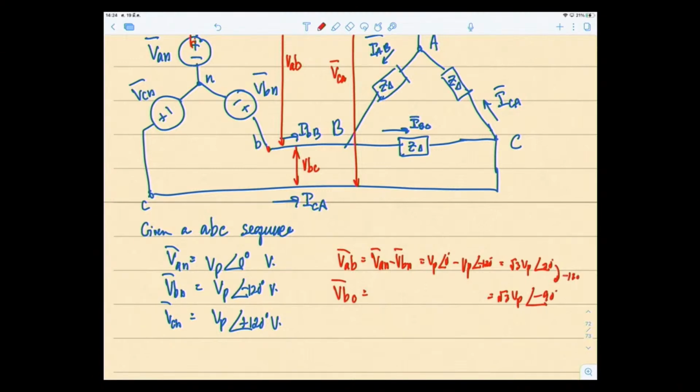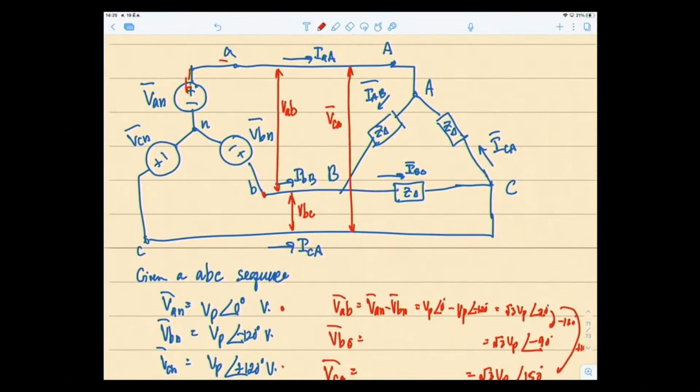The last one, VCA, same magnitude, but the phase angle from the first one to the third one is plus 120, so you add 120 degrees, so you get 150 degrees. So this is your line voltage VAB, VBC, and VCA. Okay, right. Then, now you want to see the line current.